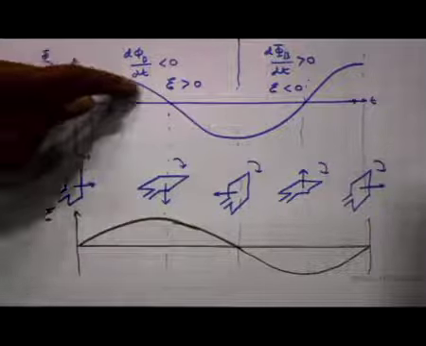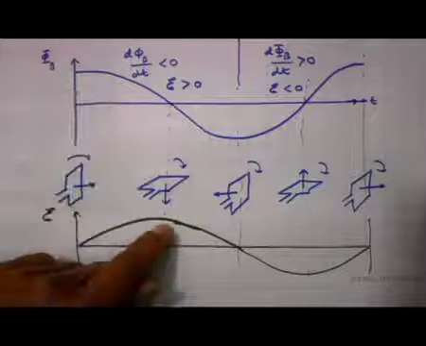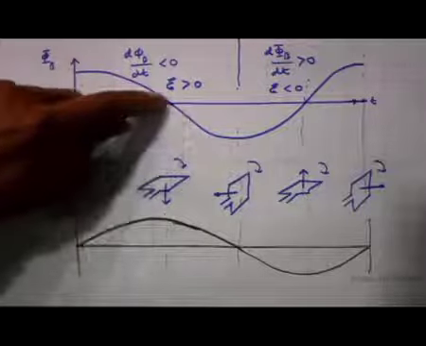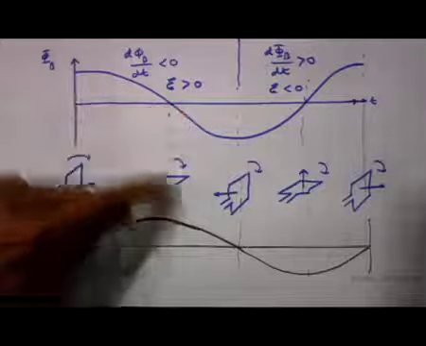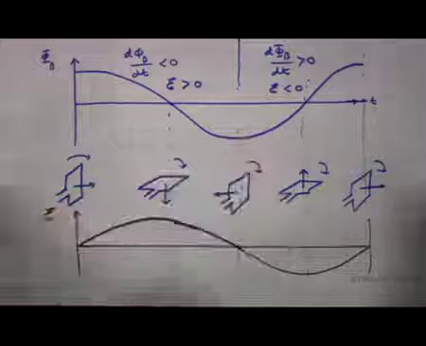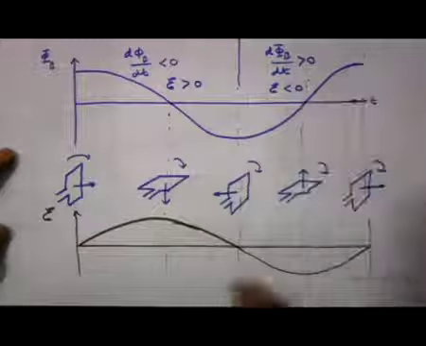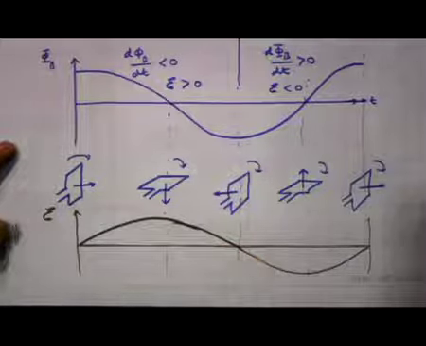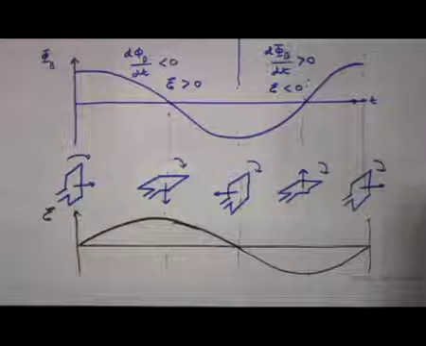So, EMF is positive, and it becomes maximum at this point when the rate of change of phi is maximum, that is, the slope is maximum. Then as you come to this point d phi by dt becomes again 0, and so there is no induced EMF. Beyond this point d phi by dt is positive, the flux is increasing with time, which means essentially that the induced EMF is negative, and the induced EMF goes like this, and this repeats itself periodically.